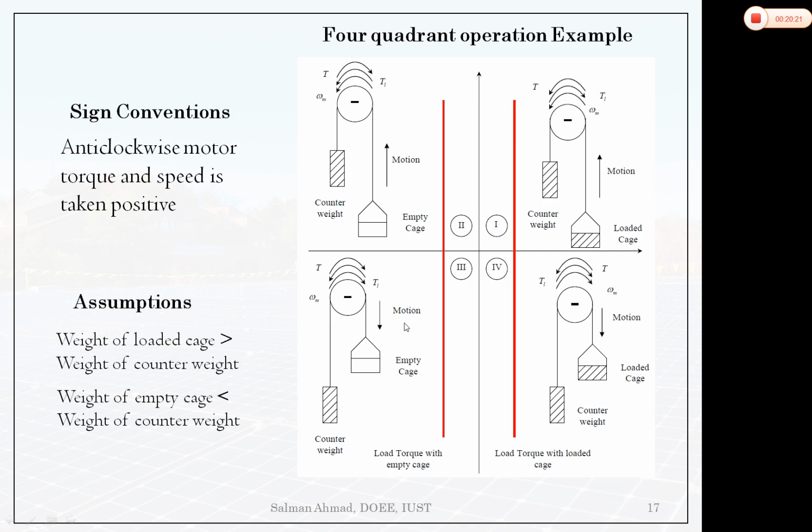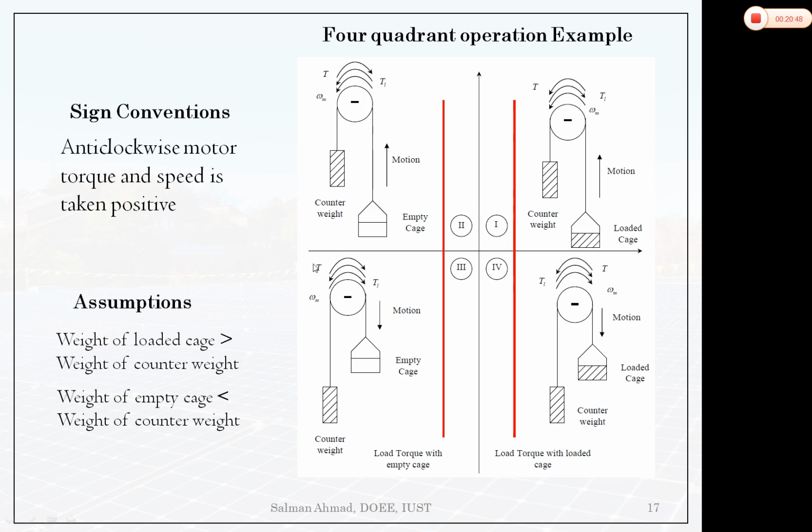If we come to the third quadrant of operation, here again we have an empty cage, but the cage has to be moved downward. Naturally the load torque will be in the anti-clockwise direction because the counterweight is heavier than the empty cage. If there were no motor, it would move downward, but we want to drive this empty cage downward, so the motor will produce torque in the clockwise direction, which is negative.